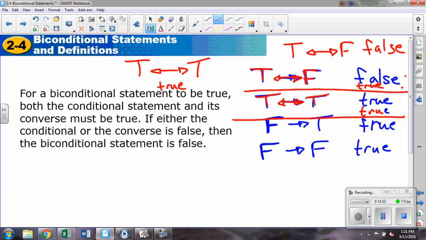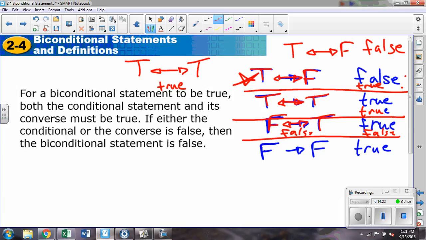When we have the false implies true, we run into the same problem that we had up here. One direction is true, the other direction is false, and so it's overall false as a biconditional.